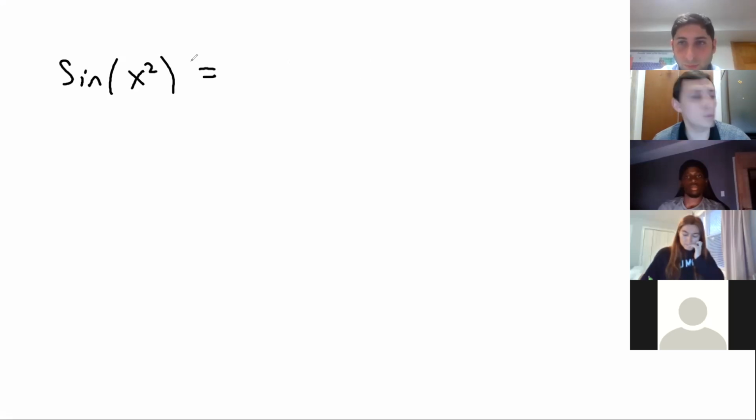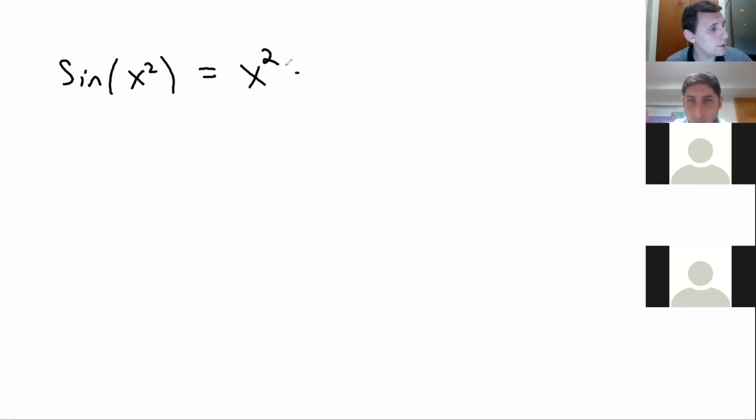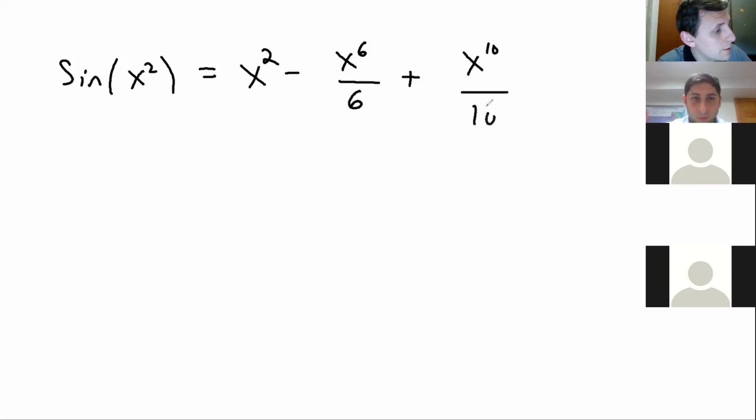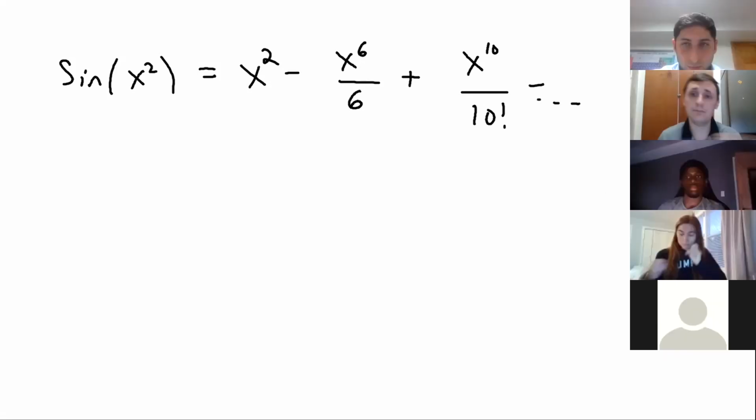The actual operation would be x squared minus x to the power of 6 over 6 plus x to the power of 10 over 10 factorial and onwards. It's infinite, which you can establish on your own.